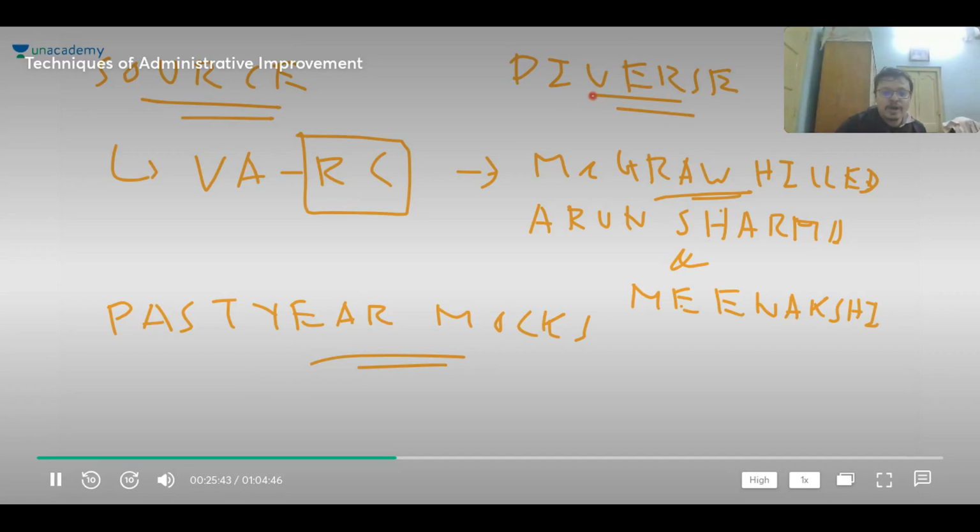It means across areas. Some of the popular areas in which RC passages come in are economics, sociology, psychology, science and technology.